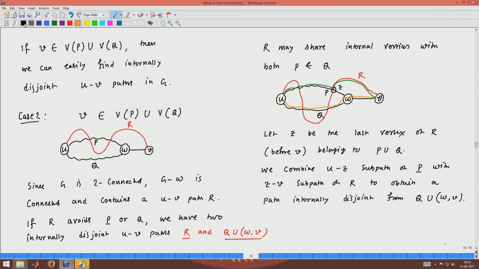So, what we have proved here is that when we took two vertices at distance k, there are internally disjoint paths between those two vertices, assuming the induction hypothesis that there exist internally disjoint paths between two vertices which are at distance k minus 1.